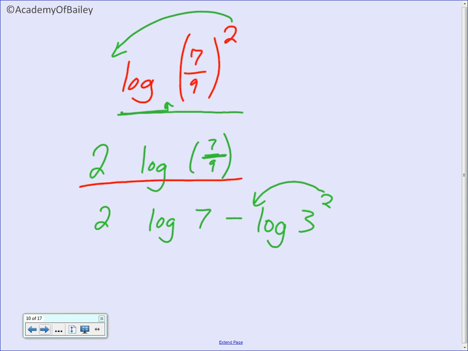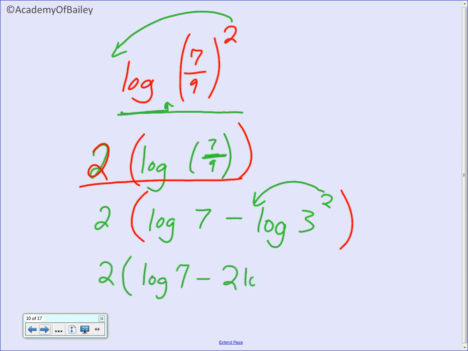When I go from this step to the next step, this 2 is outside of all of this, so I should go ahead and make it outside of all of this. And therefore, my final answer, I'm going to have 2 times the log of 7 minus 2 times the log of 3, because this 2 comes in front of that log of 3.